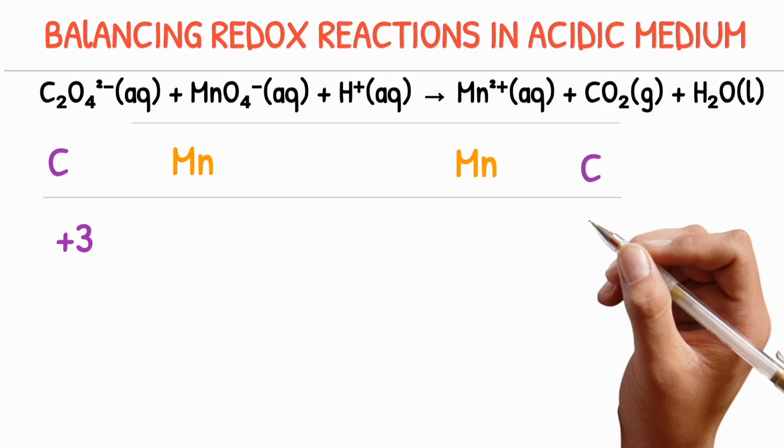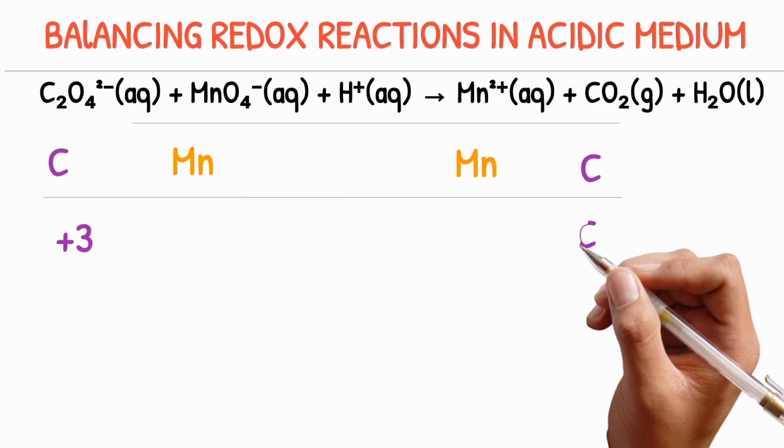Now let's go to the right hand side of the equation and still calculate the oxidation number of carbon. Let's finish with all the carbons before we move to manganese. On the right hand side, we have carbon dioxide. Carbon dioxide is not a polyatomic ion like oxalate. Carbon dioxide, if you remember so well, is a neutral compound.